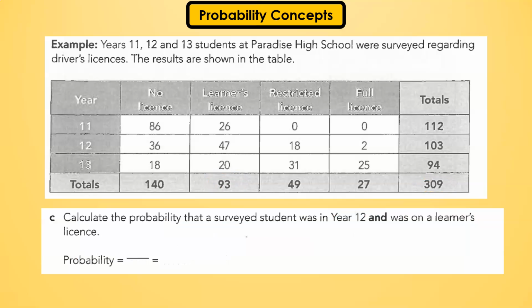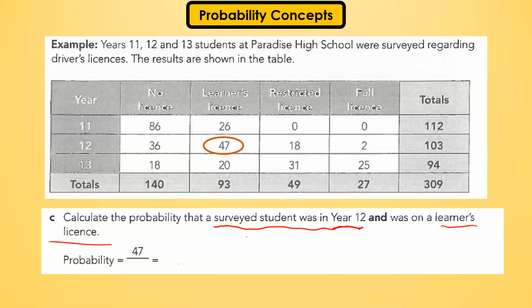The next one, calculate the probability that the surveyed student was in Year 12 and on a learner's license. In the previous example, we were just looking at a surveyed student. This time we're looking at a surveyed student that was in Year 12 and was on a learner's license.